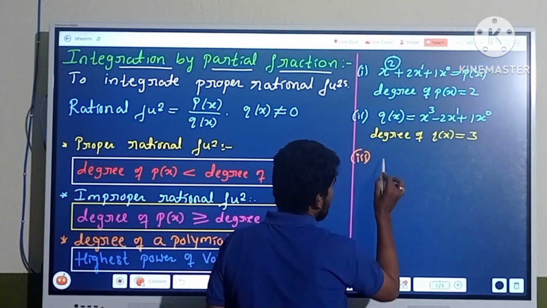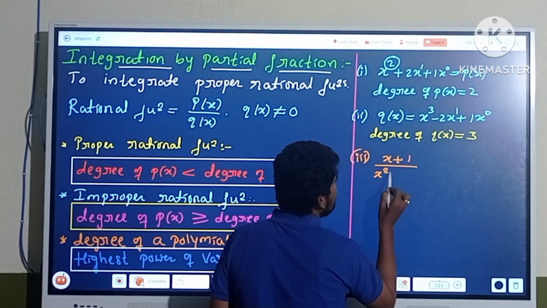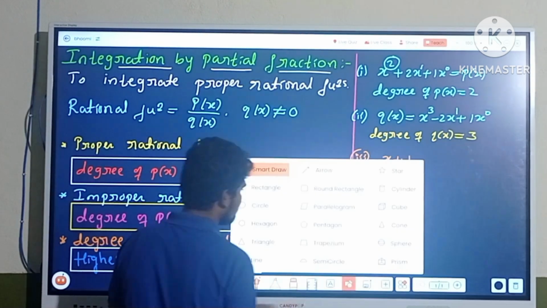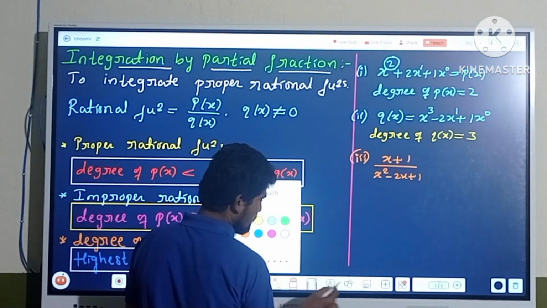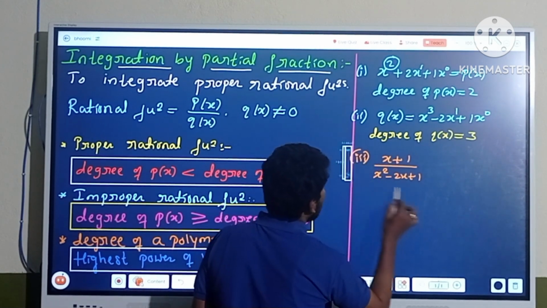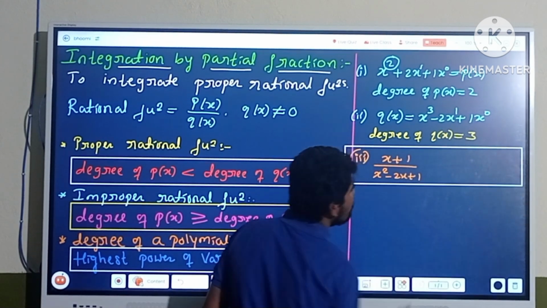The first one is x plus 1 divided by x square minus 2x plus 1.